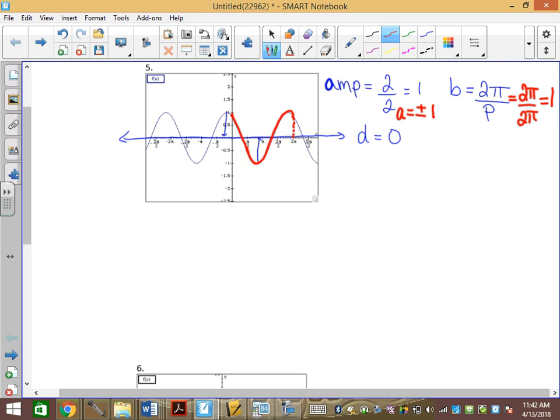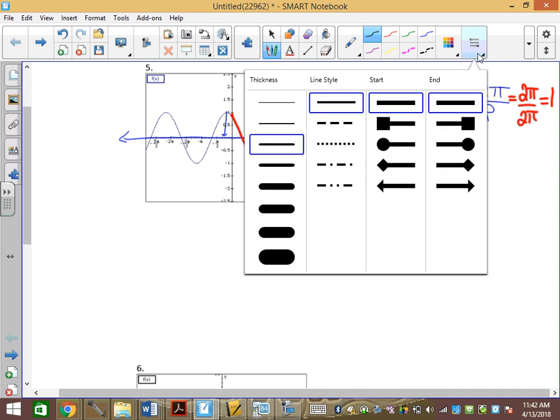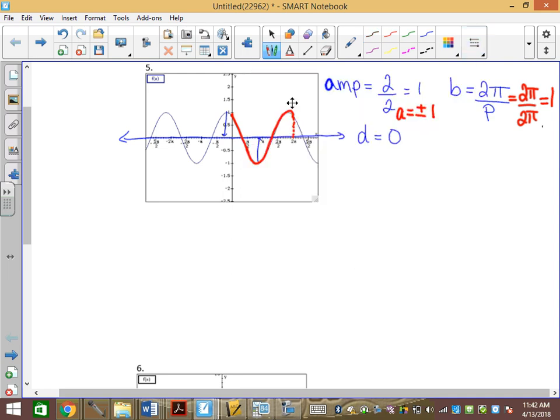So we're going to write them out. So we could have y equals, what's our A? Positive 1, and also negative 1, with sine. But what else could I have? Cos. So that's why you get 4.